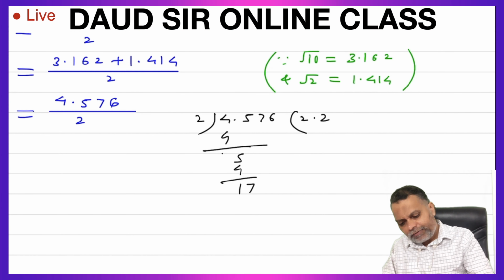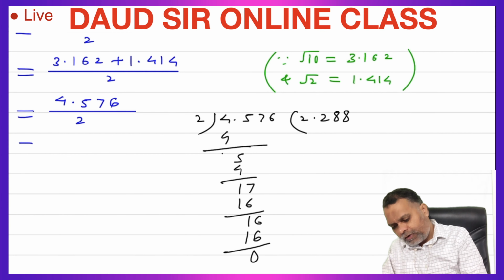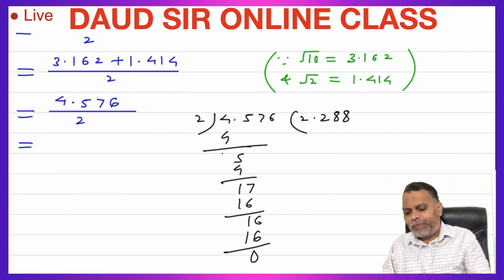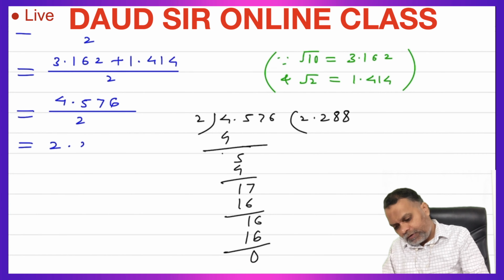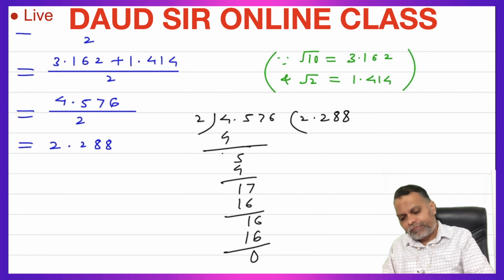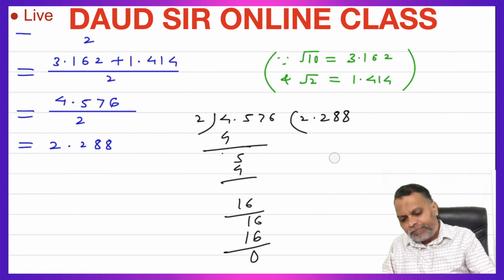Bring down this 7. 2 8s are 16, 1. Bring down this 6. 2 8s are 16. 16 minus 16, 0. So directly when we divide this 4.576 by 2, then this is 2.288. This is the answer.